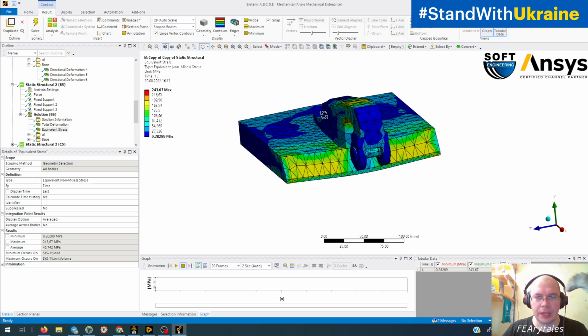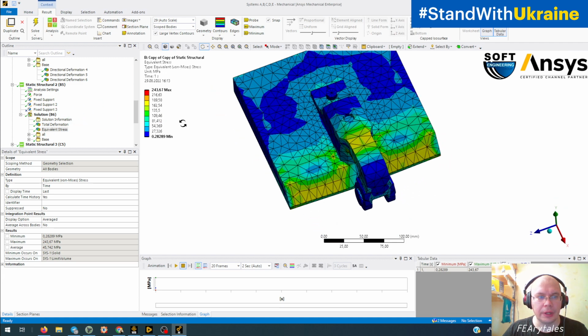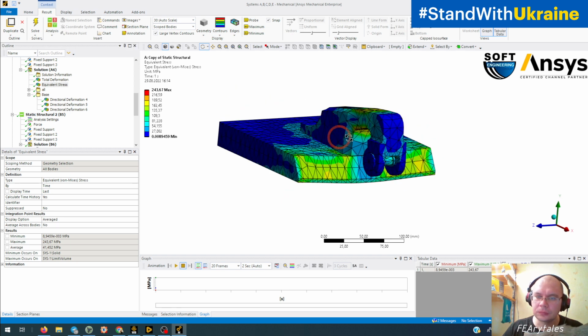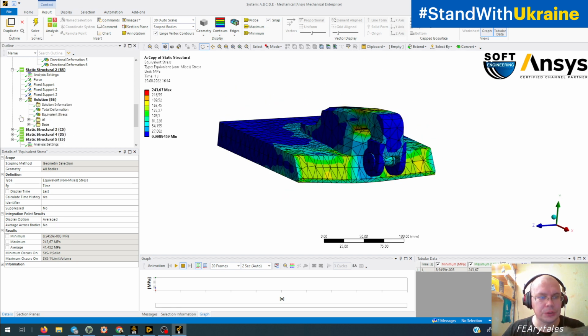But in most cases, near our crank, the crank has almost the original stress distribution. So let's take a look at another statement.